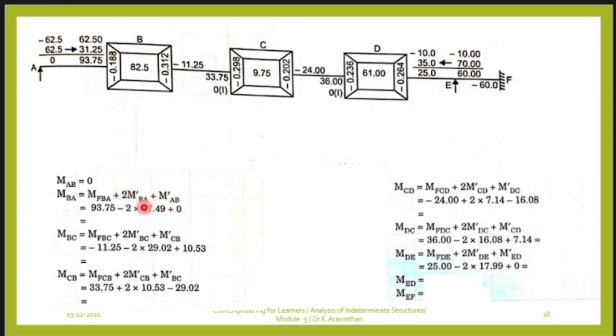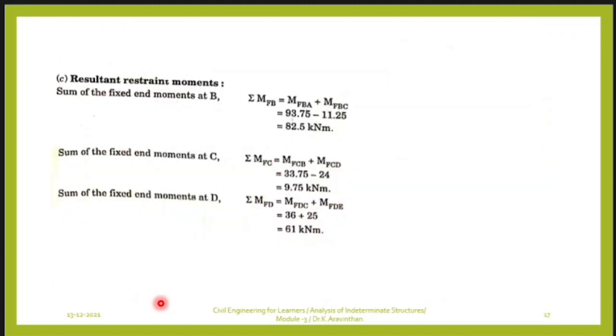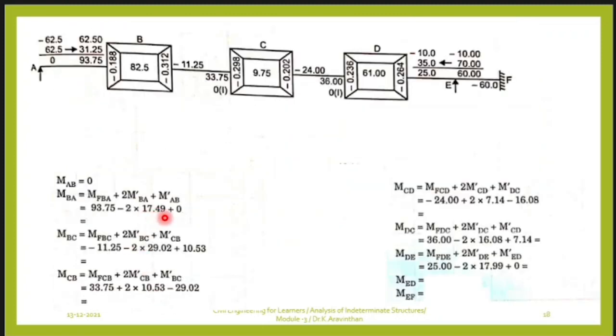What is M dash BA? It is the last answer you got from the iteration. M dash BA, the last value is 17.49. You can add 17.49 as M dash BA plus M dash AB. So you are not having any movement at A to B, hence it will be 0 here.